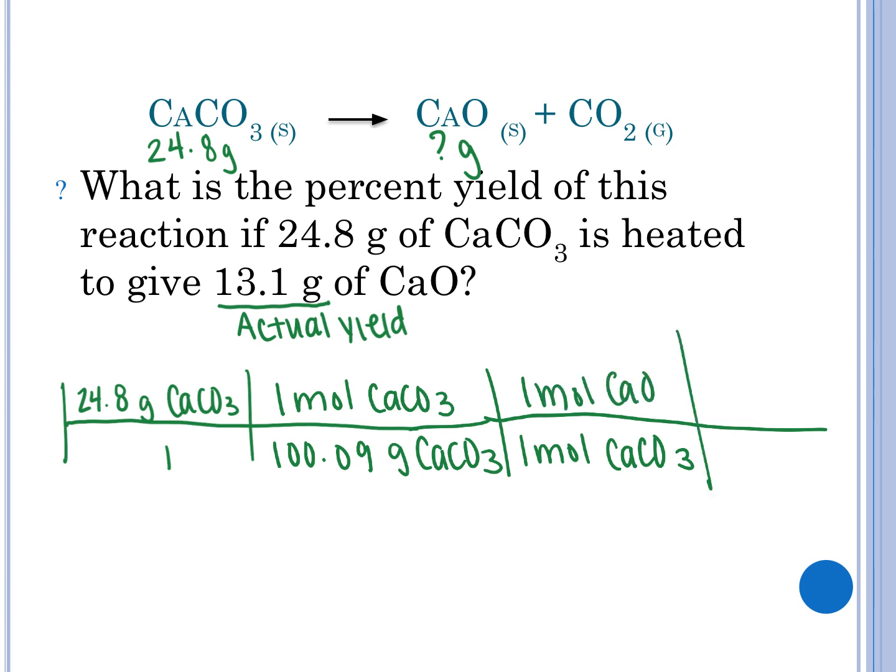All right, and then finally we have to get it back to grams. So what's the molar mass of calcium oxide? Do you have 56.08? Then go ahead and calculate this one just like you normally would.